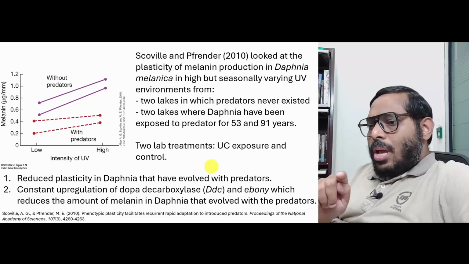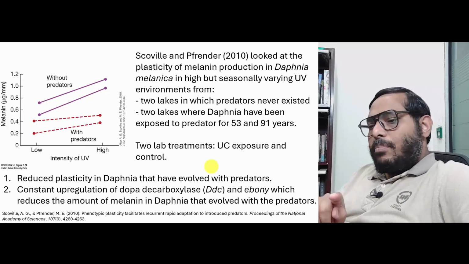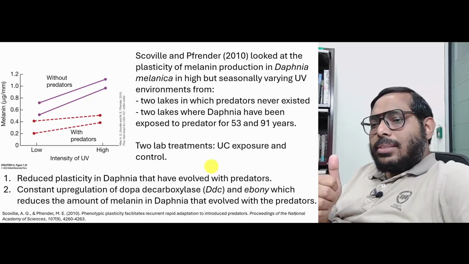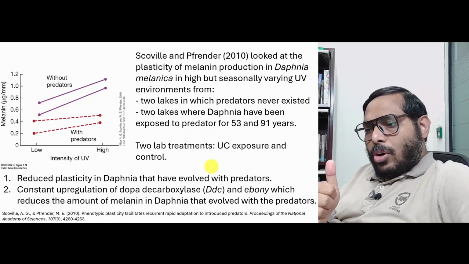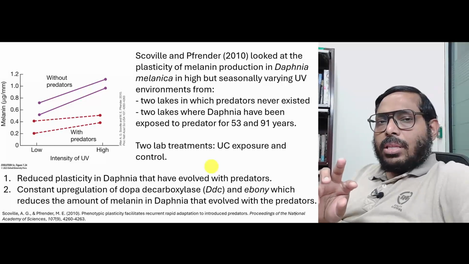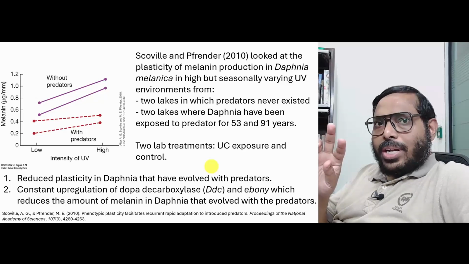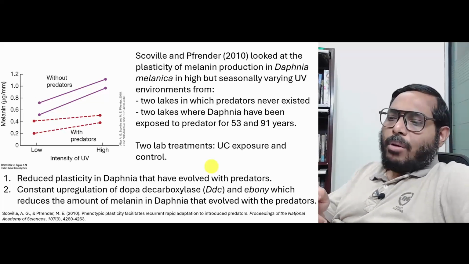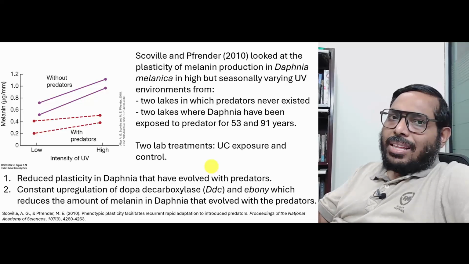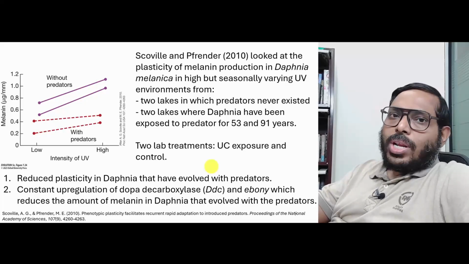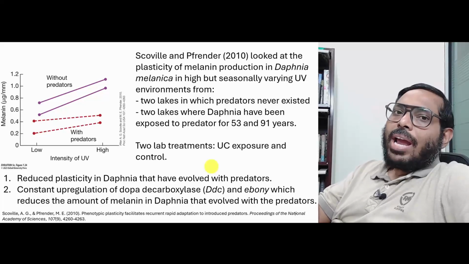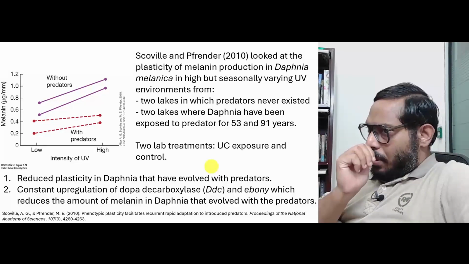They showed that this is happening because in the ones which have evolved with predators, there is constant upregulation of dopa decarboxylase and ebony, and both these proteins, when they are upregulated, actually reduce the amount of melanin in Daphnia. So, the upregulated level of these two molecules is correlating with the fact that the Daphnia that evolved with the predators have a lower amount of melanin.